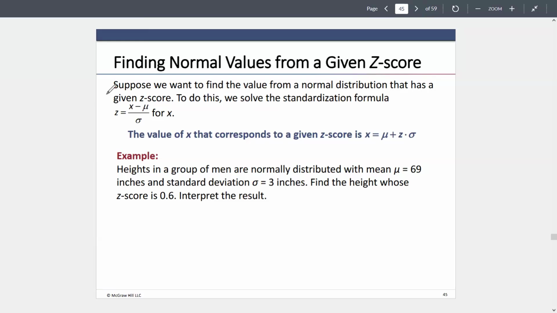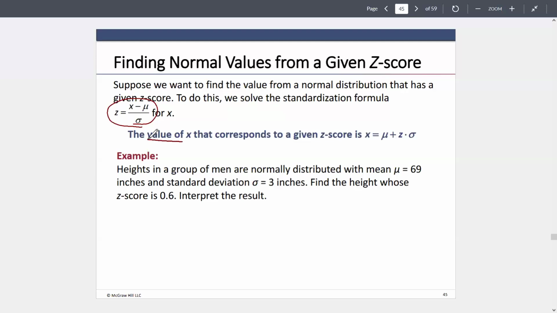We did a little bit of this before, back when we were in, I believe, chapter 3, doing z-scores. Suppose we want to find a value from a normal distribution that is a given z-score. To do this, we saw the standard normal formula, x minus mu over sigma equals z, and we solve it for x.